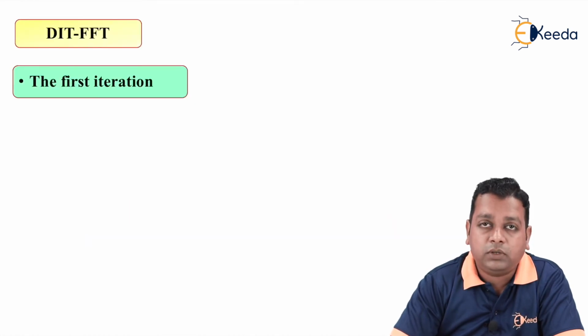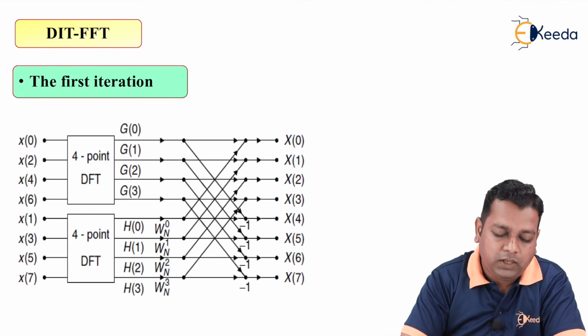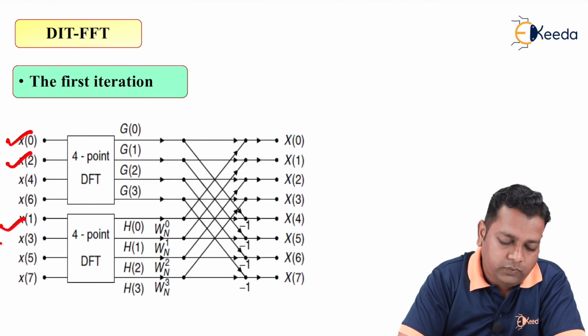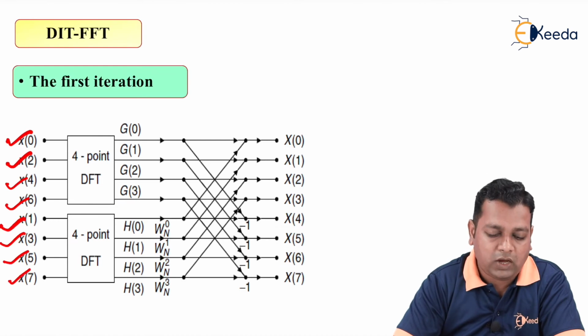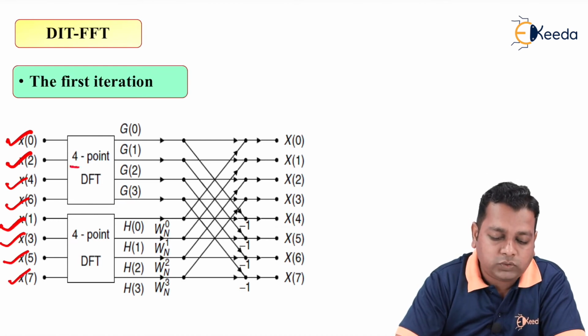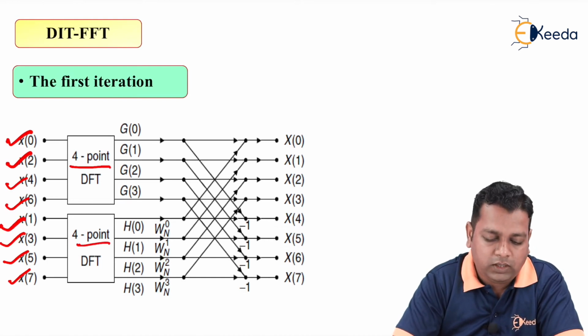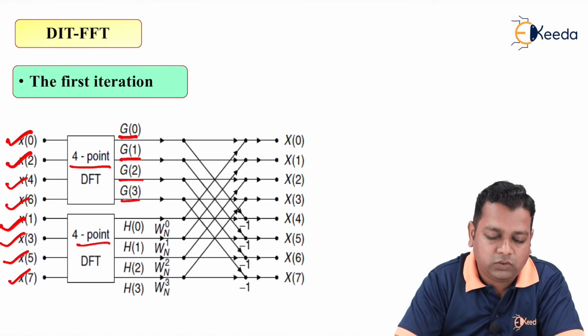Now, using the first iteration, we obtain this particular diagram, where the input sequence is split into two parts: x of 0, x of 1, x of 2, x of 3, x of 4, x of 5, x of 6 and x of 7. The total 8 elements have been fed as input to two 4-point DFTs. The complete example is of an 8-point DFT, split into two. The first part gives us capital G of k, ranging from 0, 1 to 3.